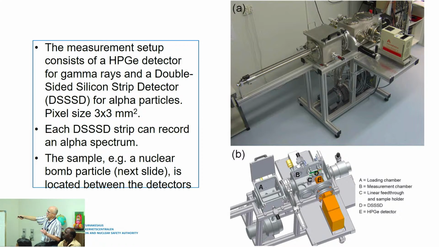The measurement setup consists of one high-purity germanium detector for gamma rays and a so-called double-sided silicon strip detector for alpha particles. The pixel size for that detector is 3 times 3 square millimeters. So it can locate where a hot particle is in the sample.